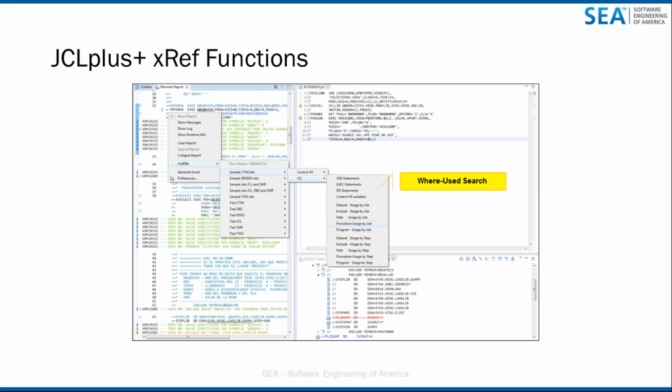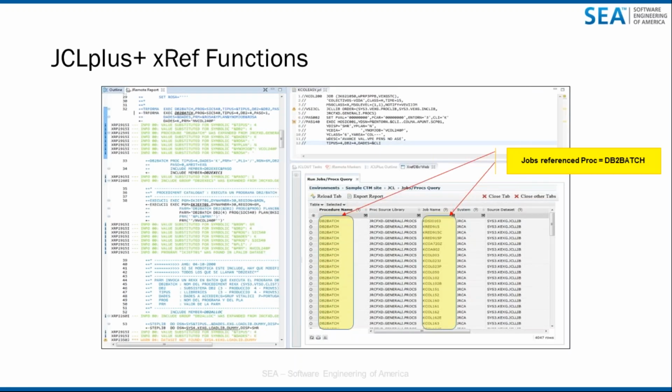Right-click on that particular line and drill down and select procs, cross-reference, and a window is presented with everywhere that particular proc is used, all the jobs that use that proc.